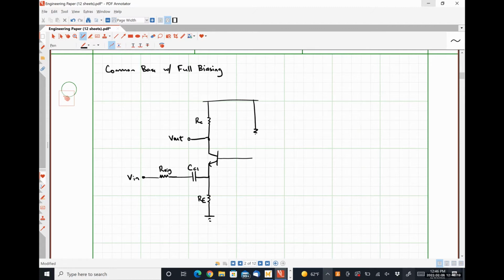Then on the right-hand side, we are going to have a resistor R1, a resistor R2, and then some base capacitance. And up here is our power supply voltage, VCC.